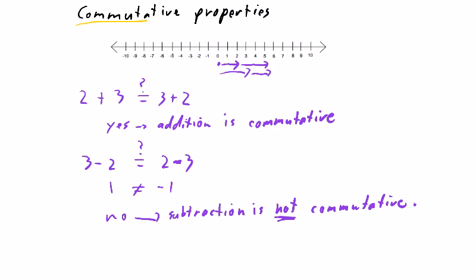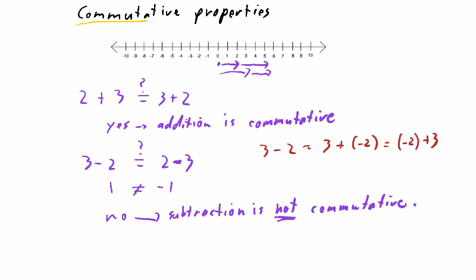Any subtraction problem can be turned into an addition problem because subtraction is simply the opposite of addition. So if I rewrite 3 minus 2 as 3 plus the negative of 2, then we can commute it because this would be equal to the negative of 2 plus 3.